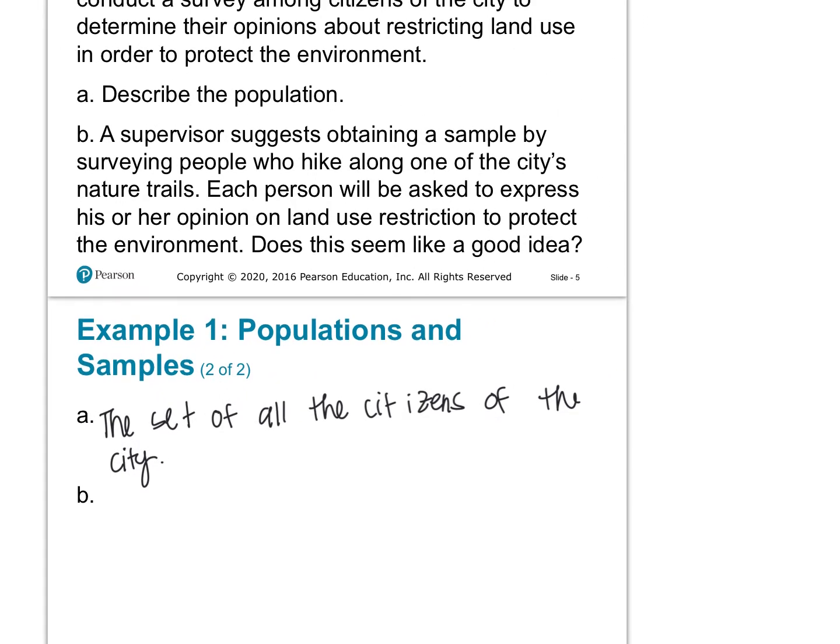So B, since that supervisor suggests that you only survey people who are hiking, it wouldn't be a great idea. The subset of hikers would be likely to have more of a positive attitude about environmental issues since they're already out in the environment, and they would favor the land use restriction. And that wouldn't be an equal opportunity to represent all your citizens.